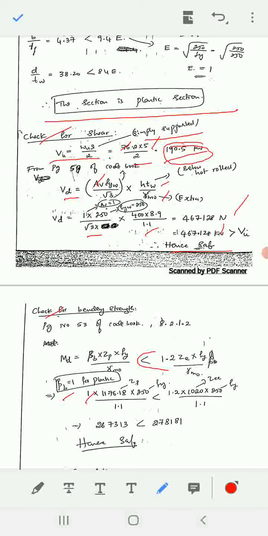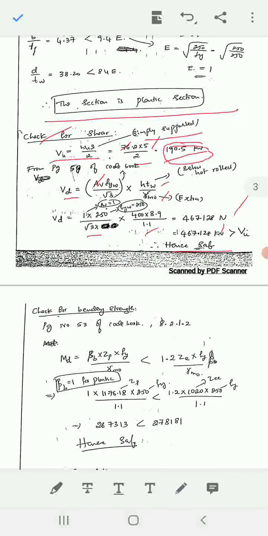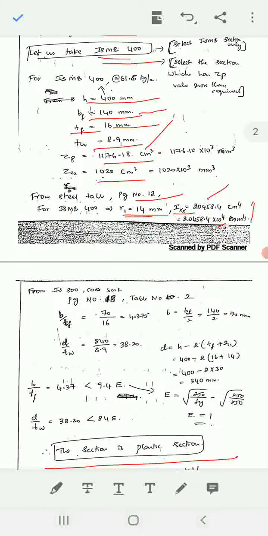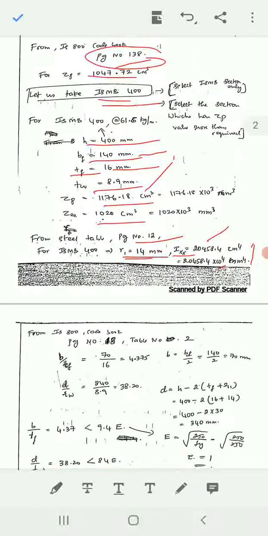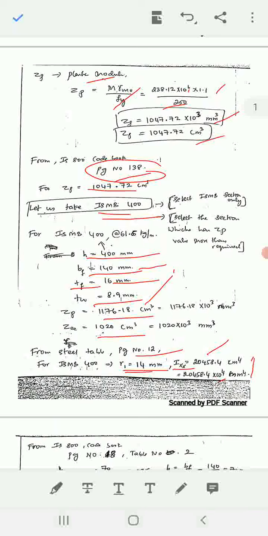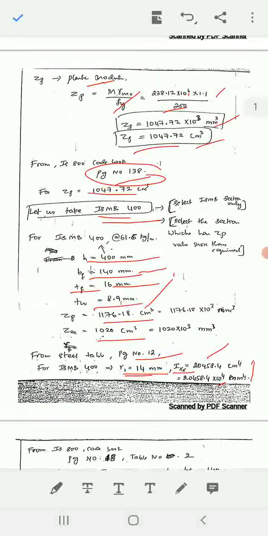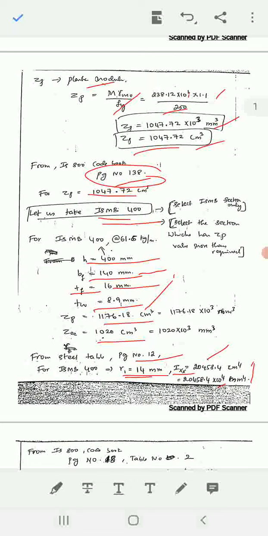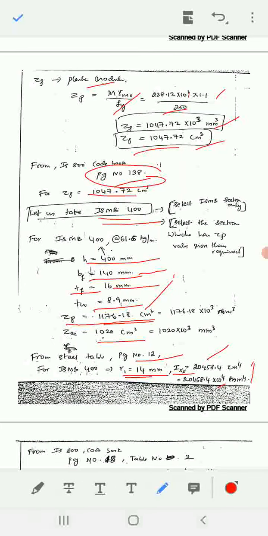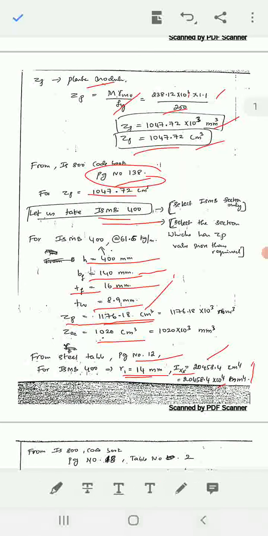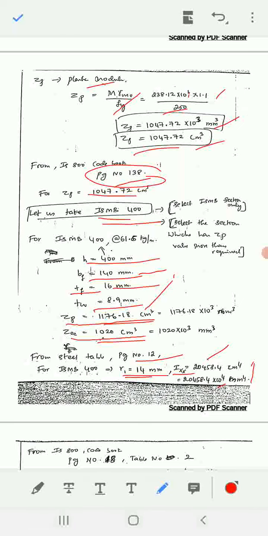Then Zp is whatever Zp we got from the steel table, not the Zp we got initially. How to calculate: go with the Zp of the selected ISMB, for that the Zp value 1176.18 has to be taken, and the Ze value is also needed, Ze, that is 1020, we got from page number 138 of the code book.